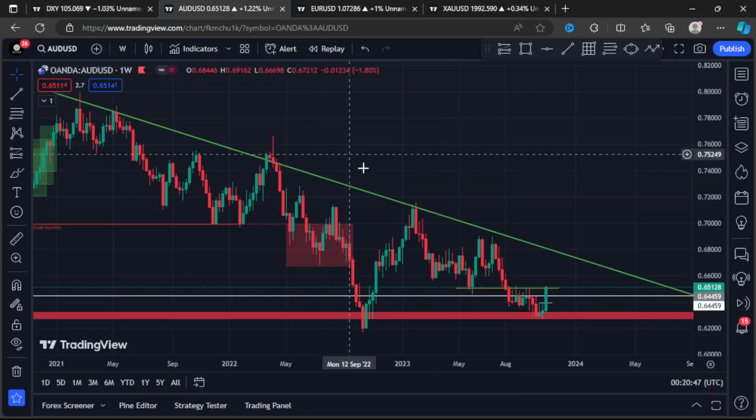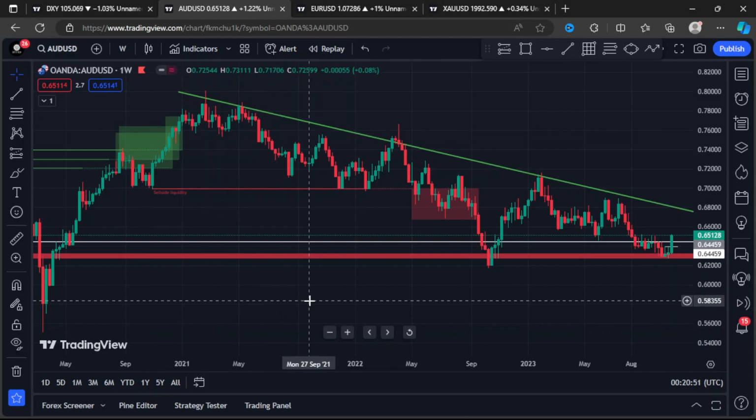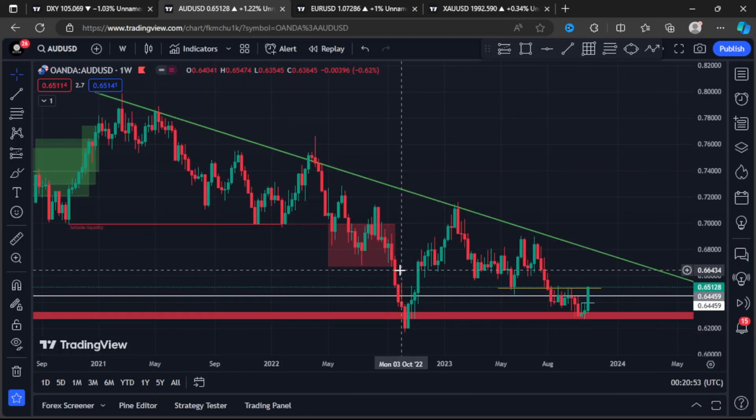Moving up to AUDUSD. AUDUSD has created a bullish falling flag, or we can call it a bullish falling wedge.